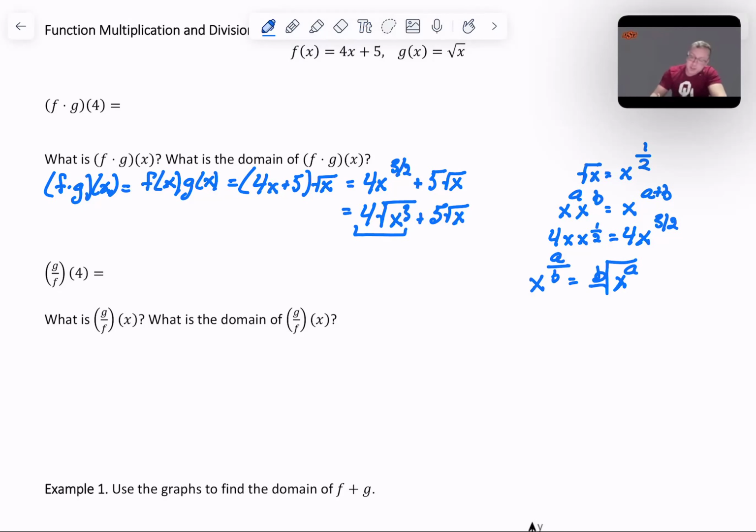So notice that here we have a square root in both of these terms. So the domain must be greater than or equal to 0, right?